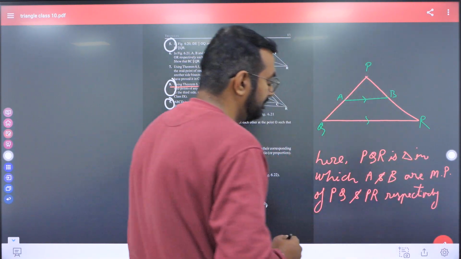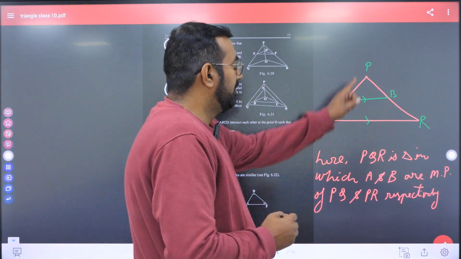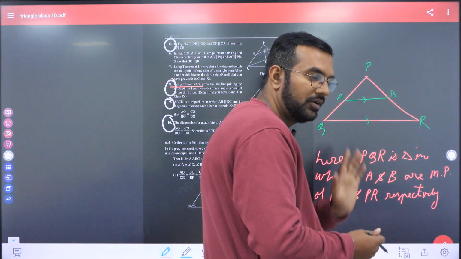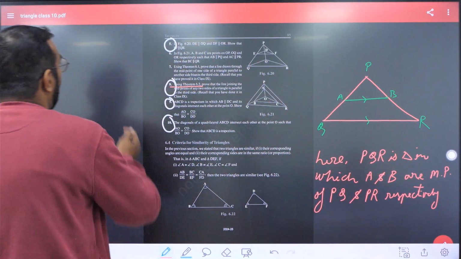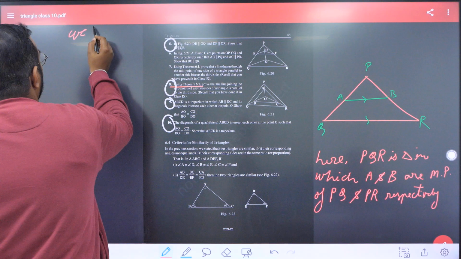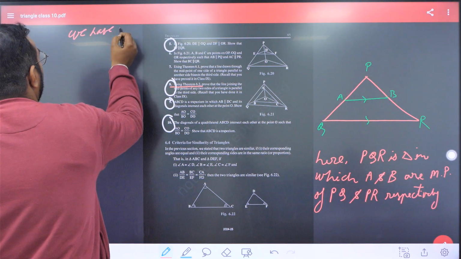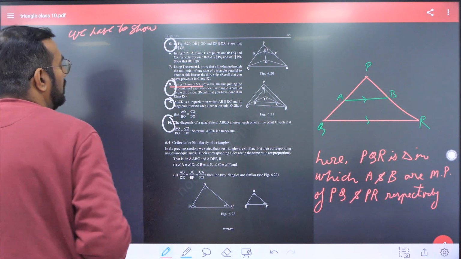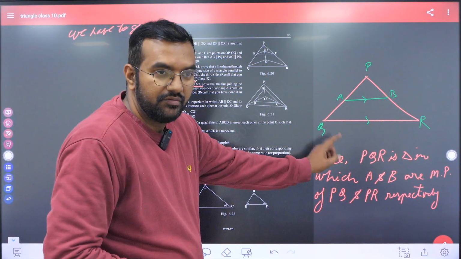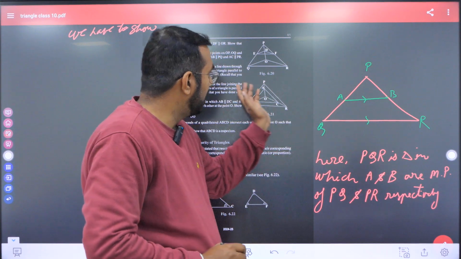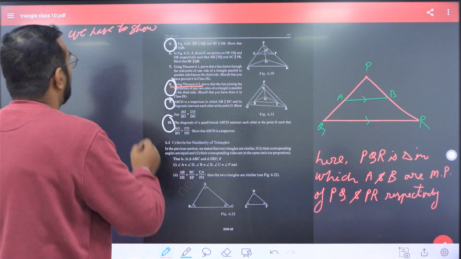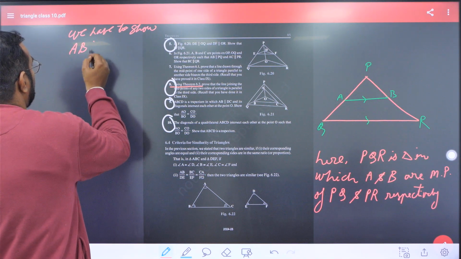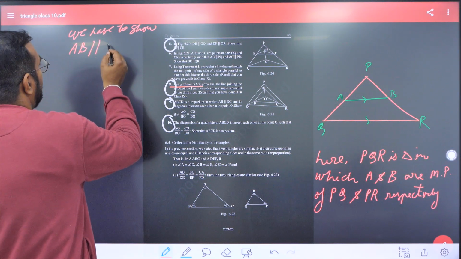PQR is a triangle. A and B are midpoints of PQ and PR. And we have to show, you have to write these things. When you are going to prove this theorem like this, you have to write these things. We have to show AB parallel to QR.